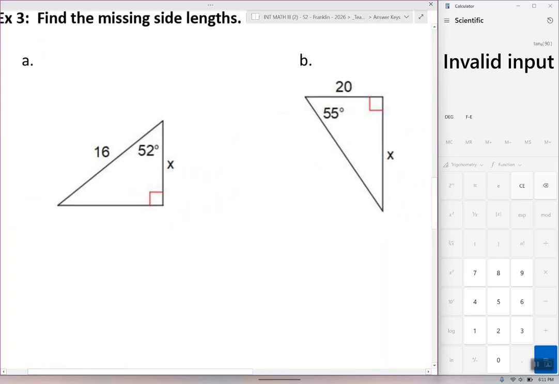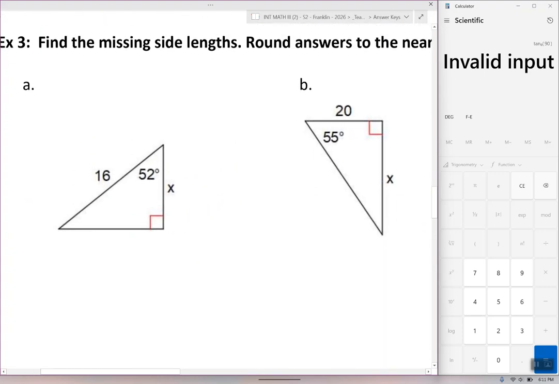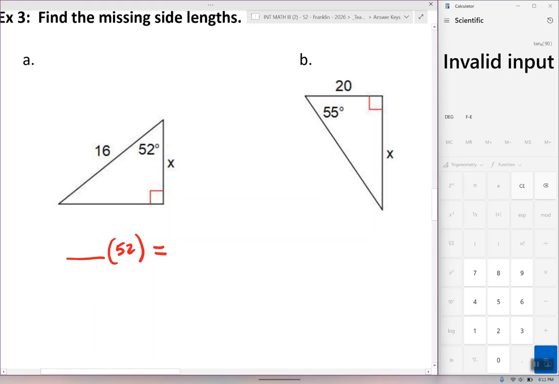Okay, so here's how we do this. We've got this 52-degree angle here. And so we're going to use one of our functions of 52, and we have to look at what sides we know. Okay, so what we have is the hypotenuse here, that's 16, and then we have the adjacent side here is x.